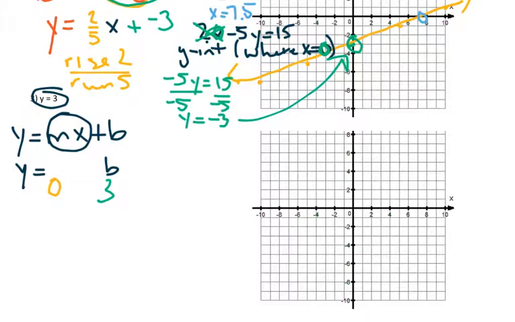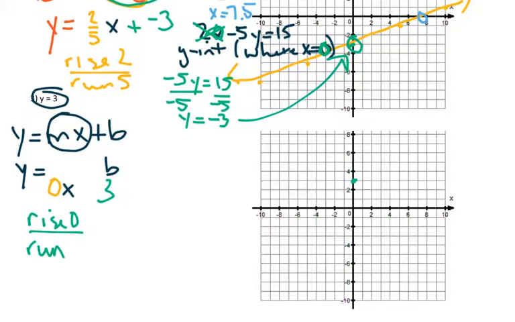So our horizontal lines have slope of 0, and here we have a slope of 0. So we know it's going to be a horizontal line. Our y-intercept is 3, so we're going to plot our y-intercept of 3 right here. And our slope is 0, which means we rise 0, and we run as much as we want.